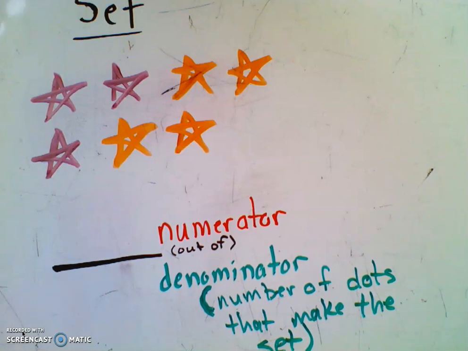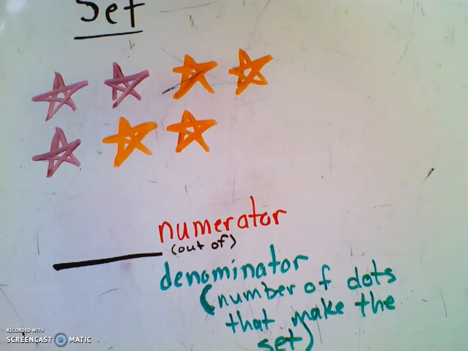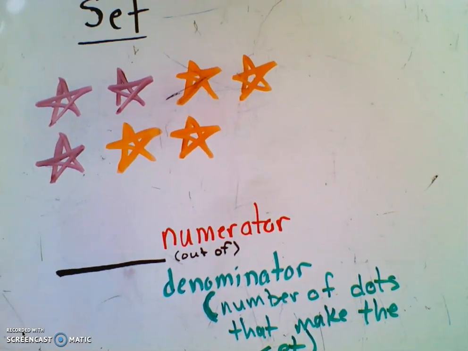If my question was, how many of the stars in this set are orange? Now remember, you should always count the number that there are altogether first. Let's get our denominator first. How many stars are there in this set?